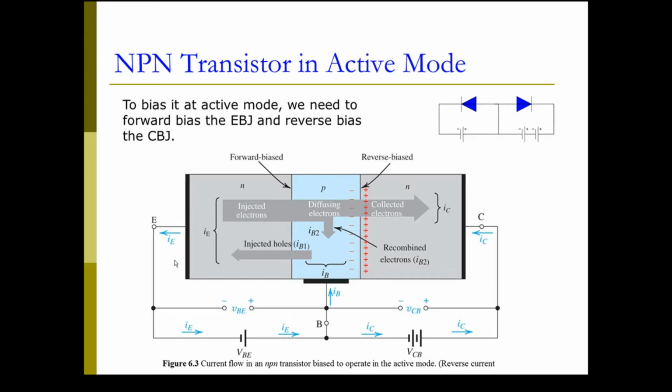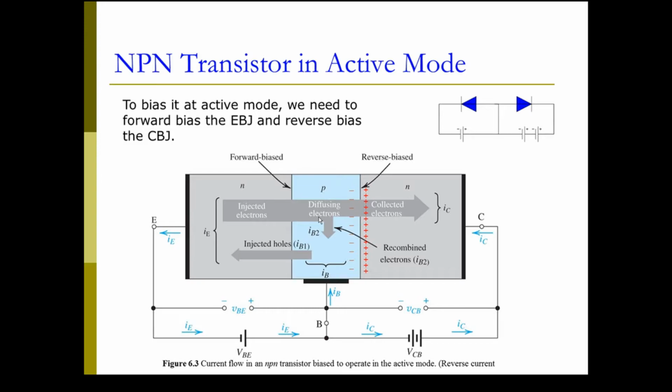When we forward bias the EBJ, we inject holes into the emitter, and also electrons will be injected from the emitter into the base. The electrons will diffuse in the base region.